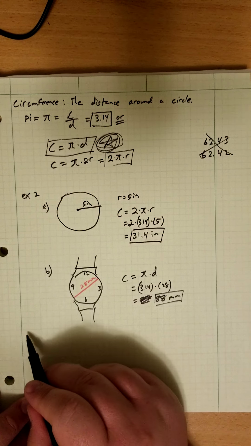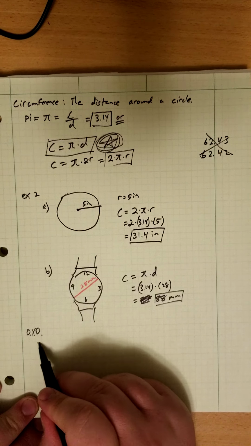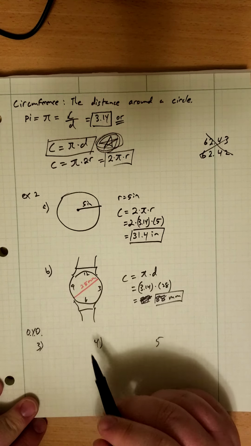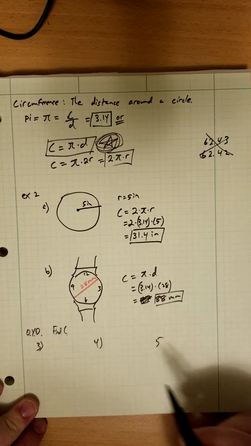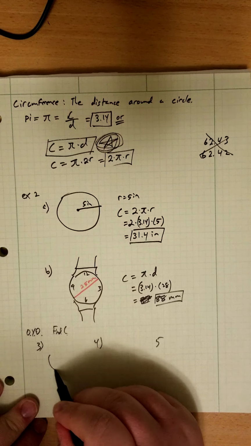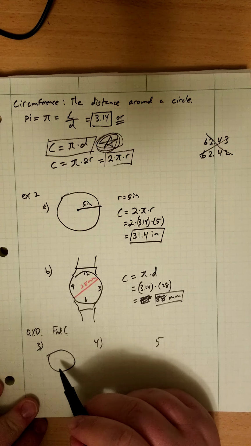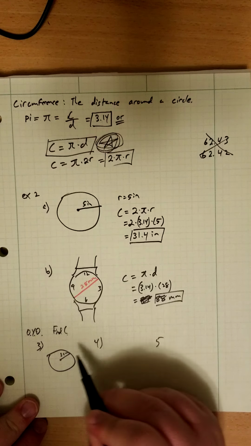Okay, on your own. Numbers 3, 4, and 5. You're going to need to find the circumference, find C. So we've got a car wash token whose radius is 2 centimeters.